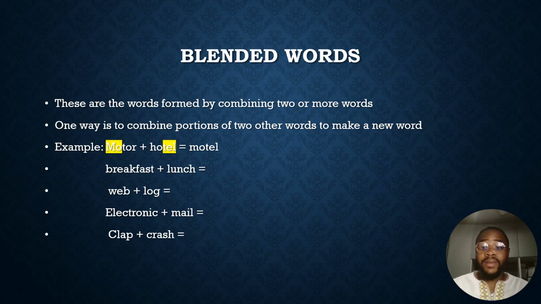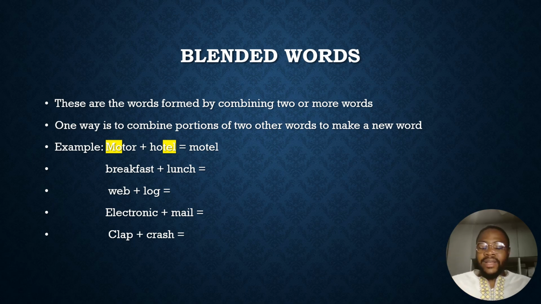They are not like compound words. Remember compound words, you just take one and two and you put them together. When it comes to blend, remember that blender that we normally use in the kitchen. We put fruits in there, vegetables in there, and then when we press start, it blends everything. It just mixes everything and it becomes just one liquid that people drink.